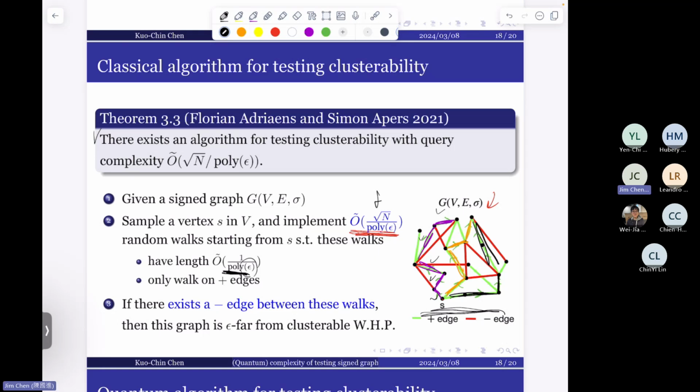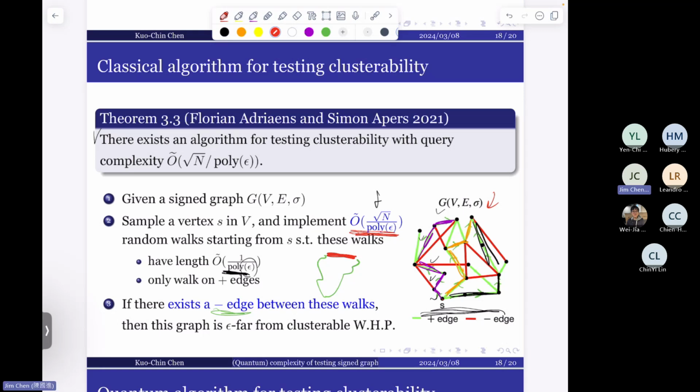Okay, I see. And of course, if we do some random walk like this and find a negative edge connecting the walk, then we know the graph is not clusterable.